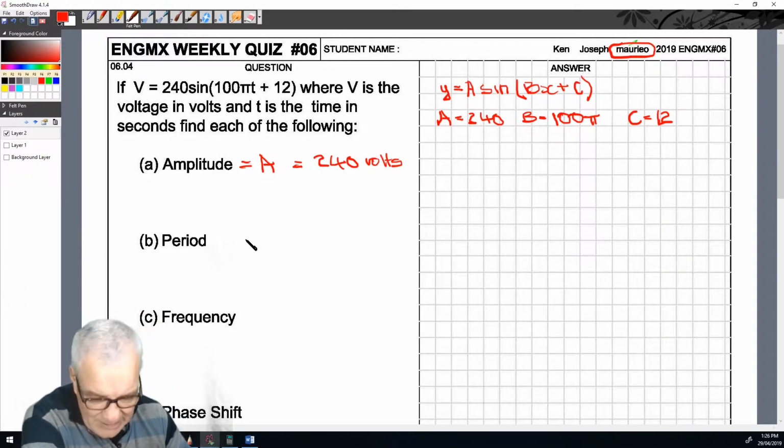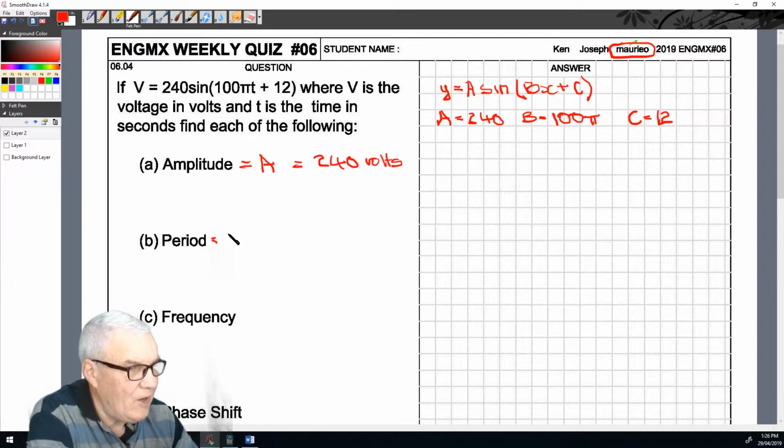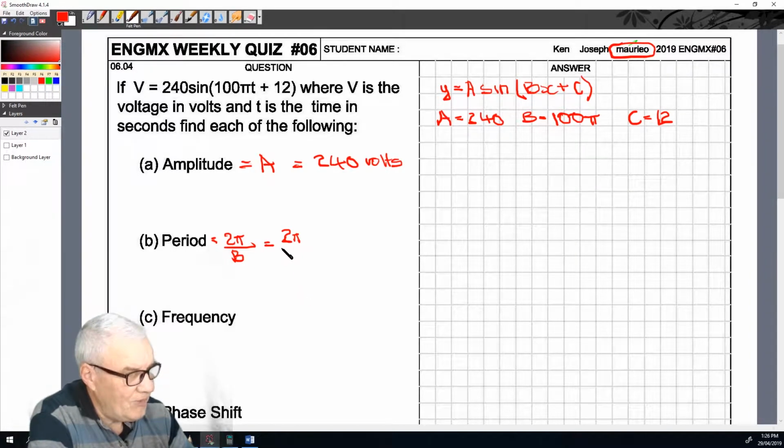Now the period equals 2 pi over b, and this is on your formula sheet. 2 pi over b, so that equals 2 pi, and b is 100 pi.